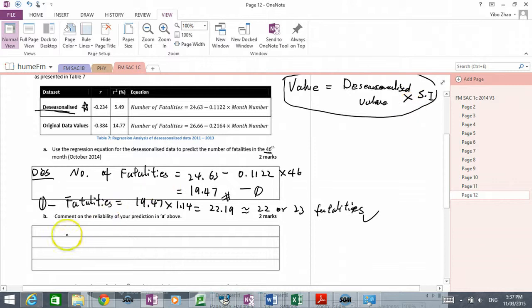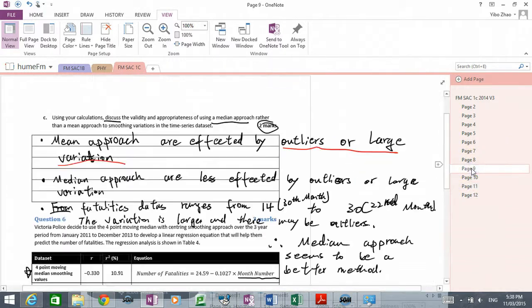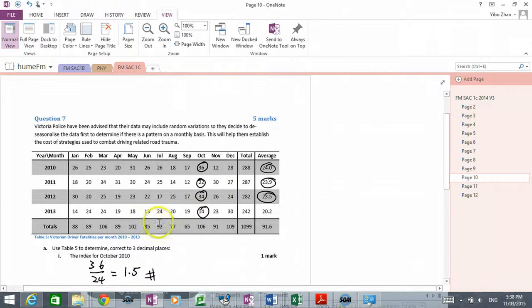Then we need to comment on the reliability. When we comment on the reliability, we need to comment on extrapolation and interpolation. We find the value for the 46 months. Our original data shows 30 months.